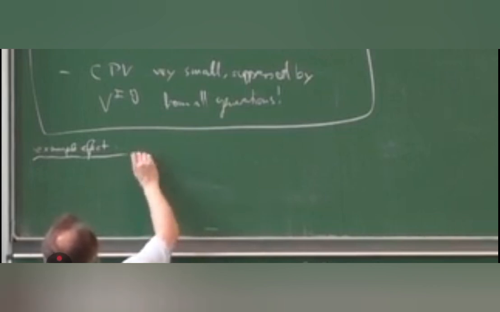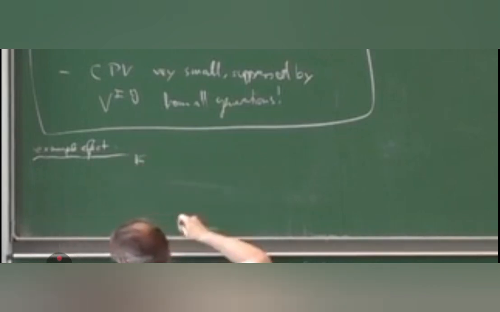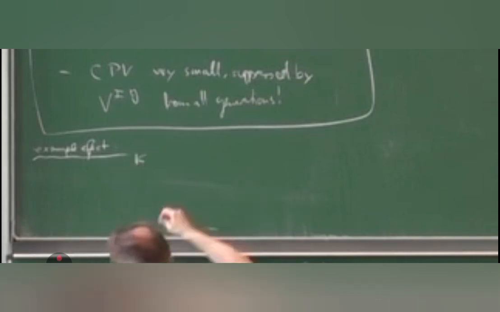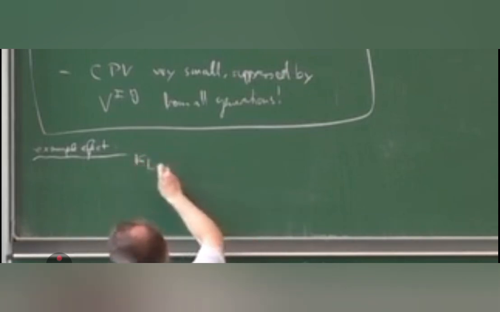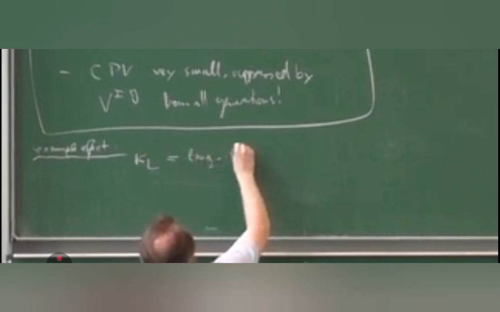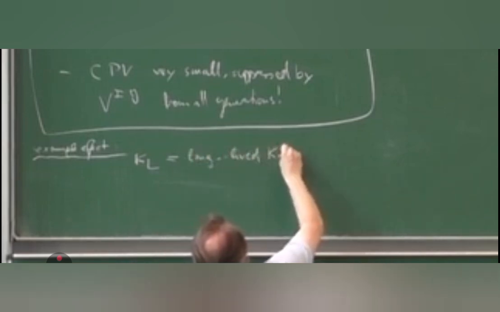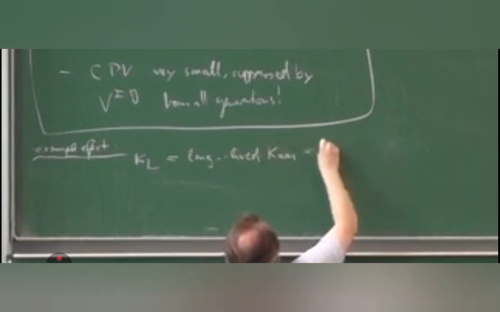There exists the kaon, which is a meson, a bound state of quarks involving the strange quark. And there is a K long, which is the long-lived kaon, and that is equal to its own antiparticle.